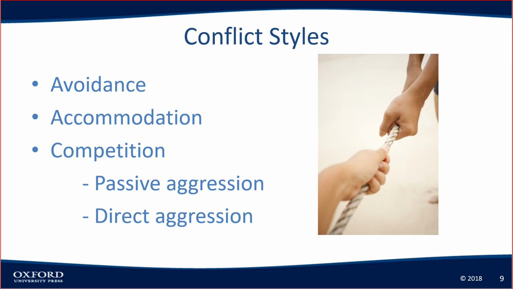You may be more of one than the other, but we can all possess a little bit of each of them. So the first one is avoidance, and we can look at avoidance as a lose-lose, and it'll occur when people completely ignore or stay away from the conflict, physically or conversationally. Maybe the silent treatment.